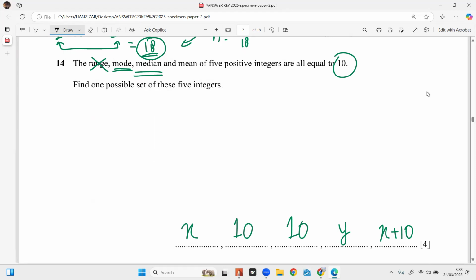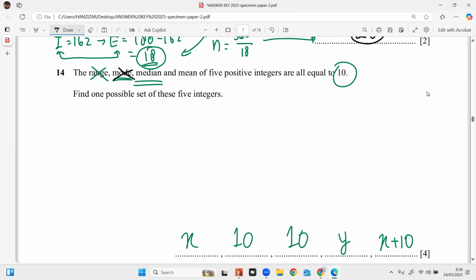The mode is already 10, finished, because it appears twice. And the median is also 10, given as the middle number. So what is the formula of the mean? Total over 5, right? The mean is 10.